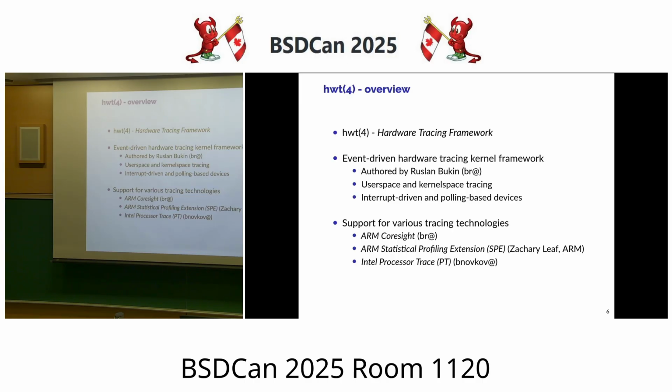And the other part is the actual user space tool that will start tracing for a given process, collect the data, and decode those traces into something more human-friendly output.